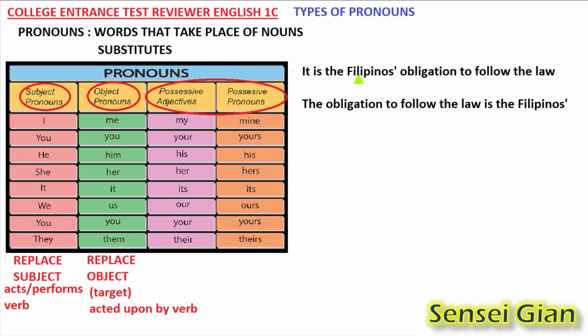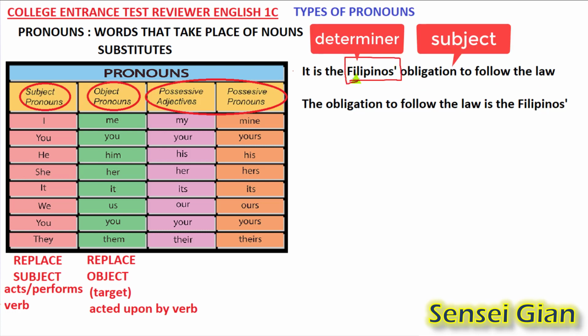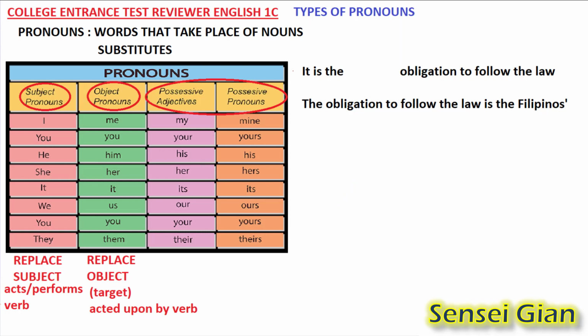Here the Filipinos' obligation is the subject, so we can replace this with a possessive adjective. That is plural, but I consider myself a Filipino also, so we use "our", because it's our obligation to follow the law.